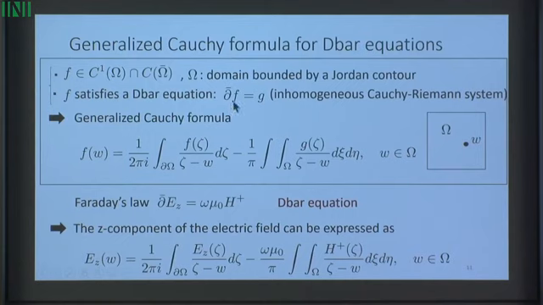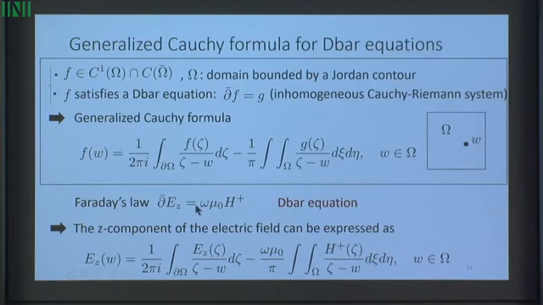If F satisfies the d-bar equation, d-bar F is equal to G, then F at an arbitrary position W inside the ROI, omega, can be represented by these integrals. The first term is the contour integral of F along the boundary, and the second term is the Cauchy type area integral over the domain omega of G, the right-hand side of this inhomogeneous Cauchy-Riemann equation.